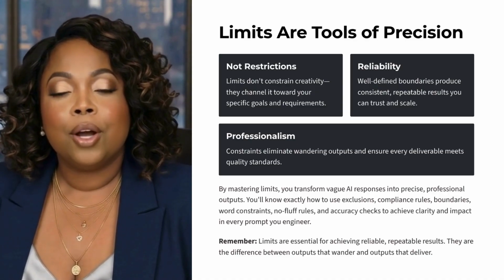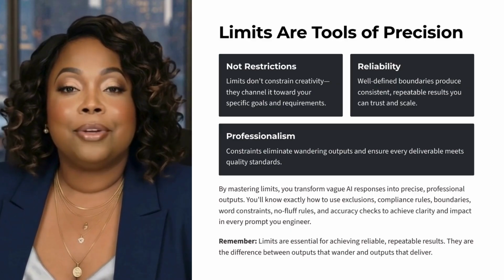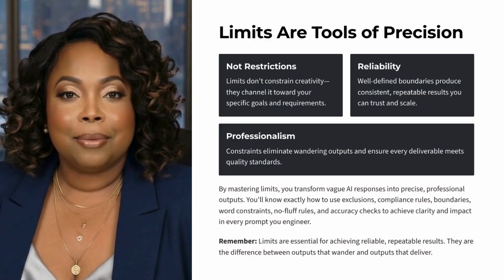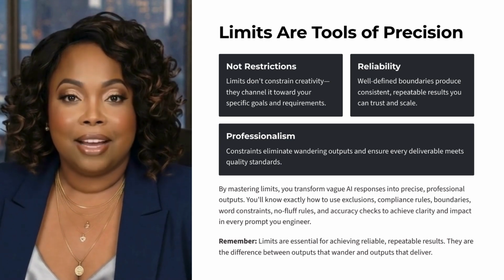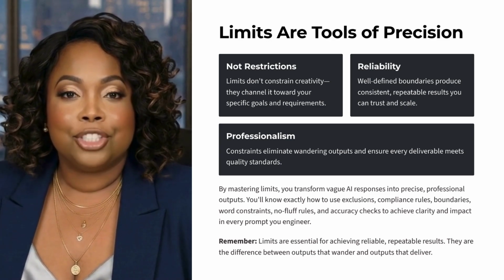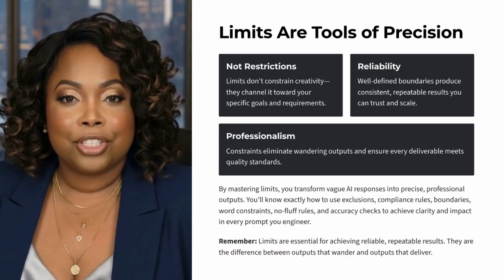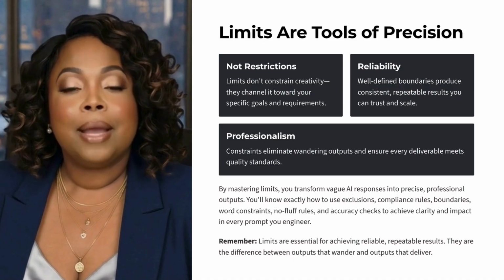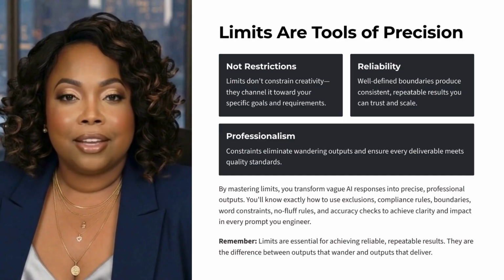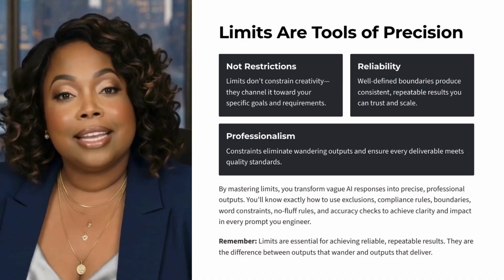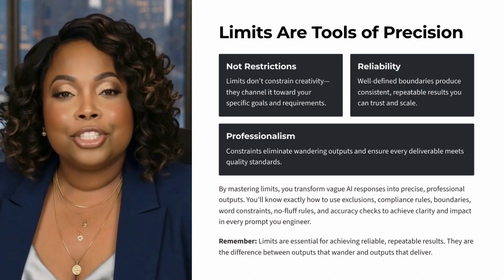Constraints eliminate wandering outputs and ensure every deliverable meets quality standards. By mastering limits, you transform vague AI responses into precise professional outputs. You will know exactly how to use exclusions, compliance rules, boundaries, word constraints, no fluff rules, and accuracy checks to achieve clarity and impact in every prompt you engineer.